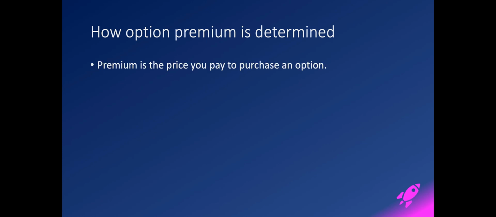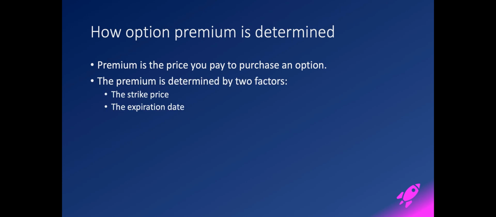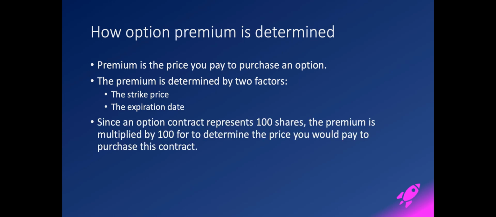Okay, so now let's see how option premium is determined. Premium is the price you pay to purchase an option, and the premium is determined by the strike price and the expiration date. Since an option contract represents 100 shares, the premium is multiplied by 100 to determine the price you would pay to purchase that contract.